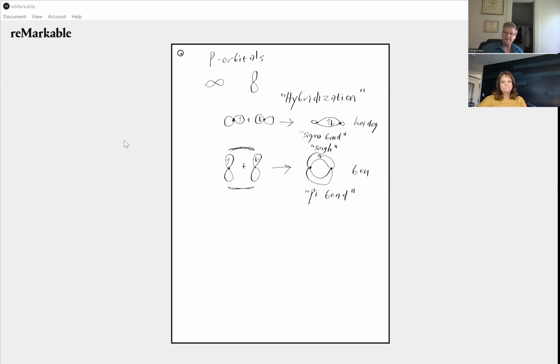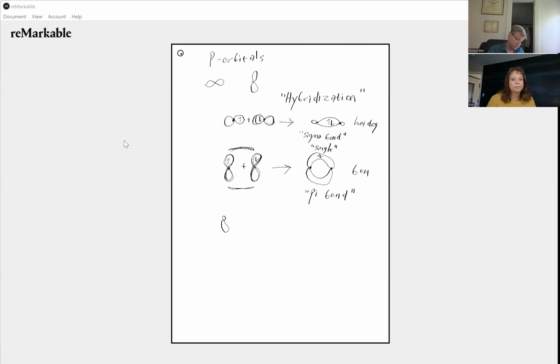What's a triple bond then? Well, keep in mind, it's really hard to draw. I'm not an artist. So we have three p orbitals. We have the one that is along the axis of the bond. We have one that is along the z-axis. And we have one that's along the y-axis, kind of coming out towards and away from you.